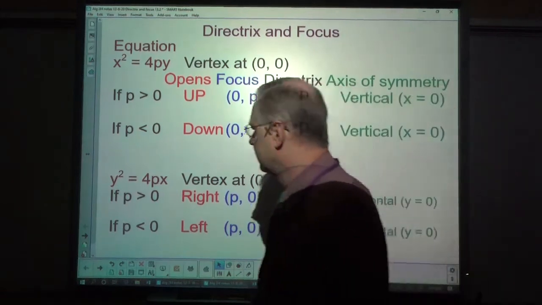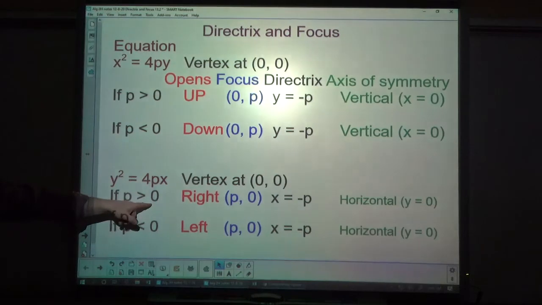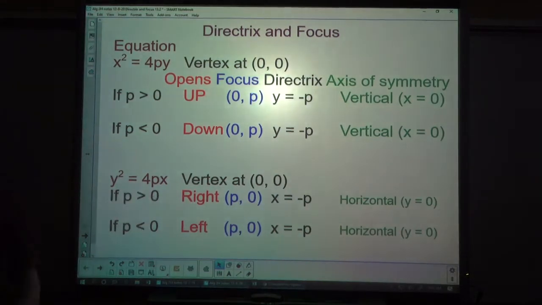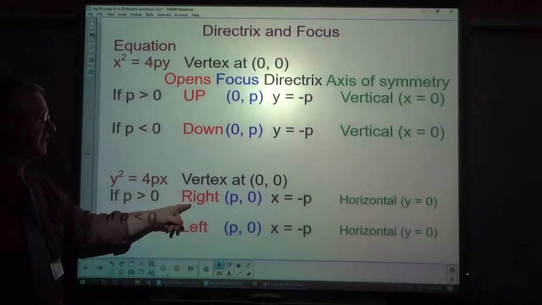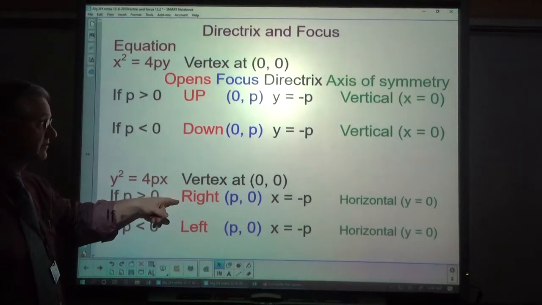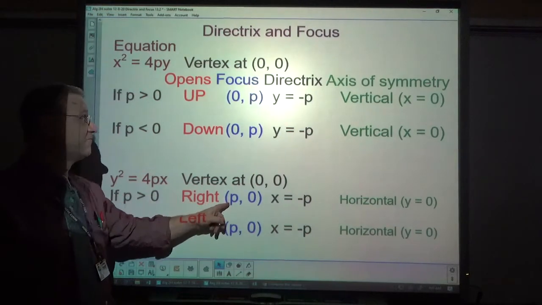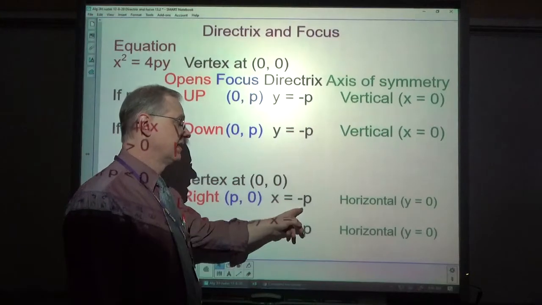On the other hand, if your equation is y squared equals 4px, if p is greater than 0, positive, it has a vertex at 0, 0, but it opens to the right. Focus of p, 0, directrix of x equals negative p.